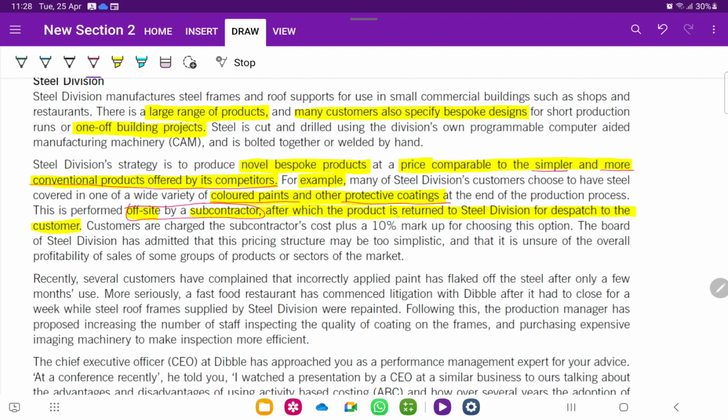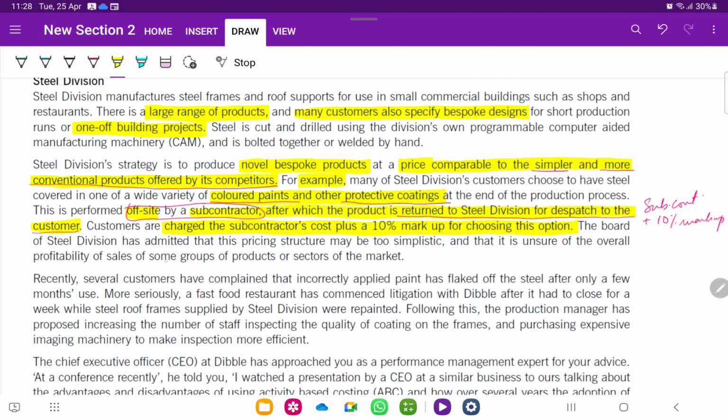After which the product is returned to the steel division for dispatch to the customer, right? Customers are charged the subcontractor's cost plus 10% markup for choosing this option. So whatever the cost of the subcontractor is, the company charges subcontractor cost plus 10% markup. Makes sense, right? Okay.